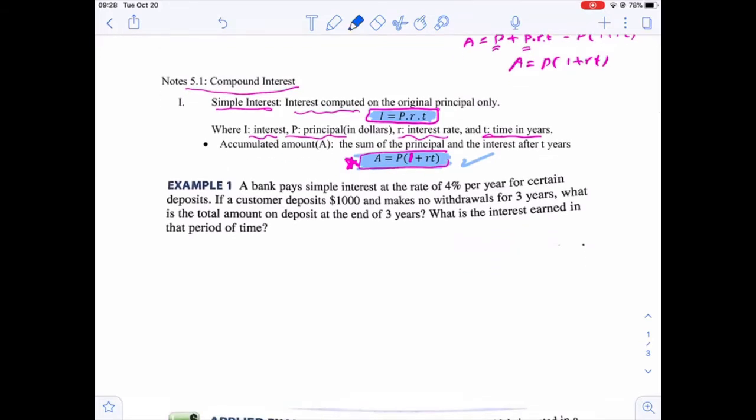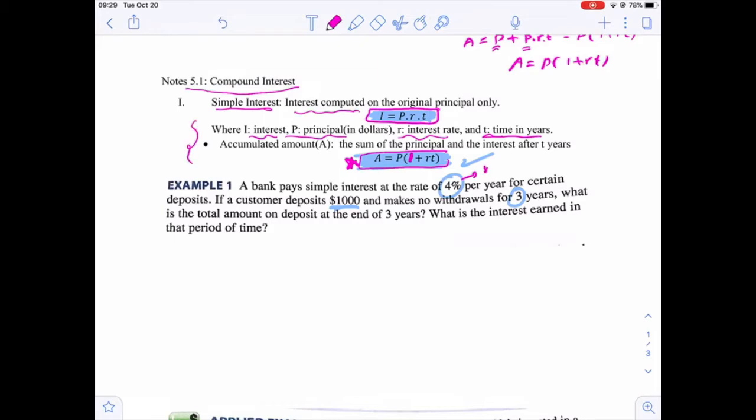We start with this simple example. A bank pays simple interest at a rate of 4% per year for certain deposits. If a customer deposits $1,000 and makes no withdrawals for 3 years. Now we need to use the symbols that we learned here.